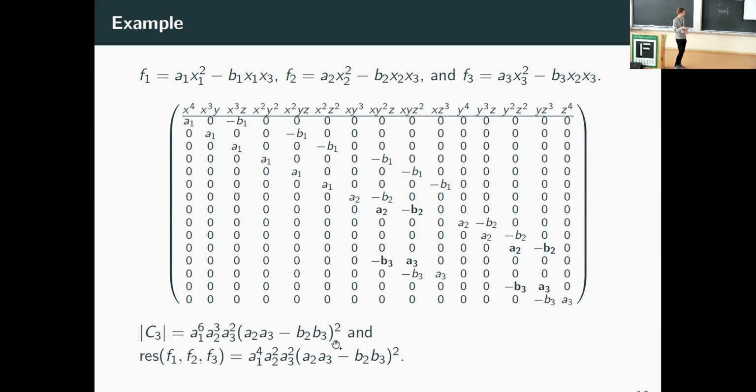And yes, the resultant does divide this determinant, but the determinant is slightly bigger. However, they do contain exactly the same irreducible factors, and that's the only thing that is interesting to us. We only want to know when this resultant is 0 or not. We don't care if there are squares appearing or not.